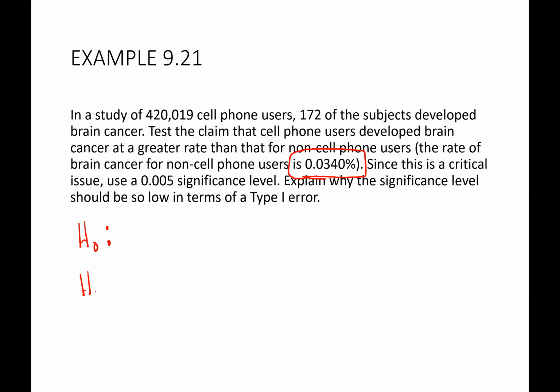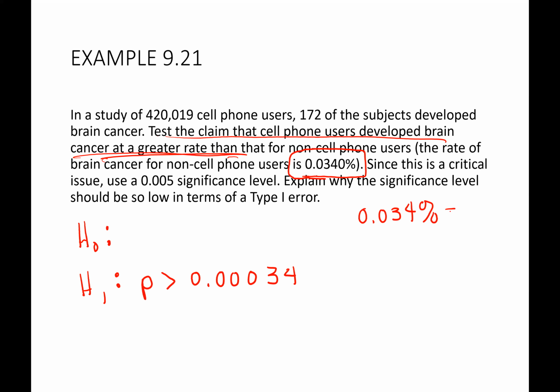So we're trying to show that the proportion is greater than 0.00034. 0.034% is 0.00034. Okay, so if that's our alternative hypothesis, our null hypothesis would be what? Less than or equal to?